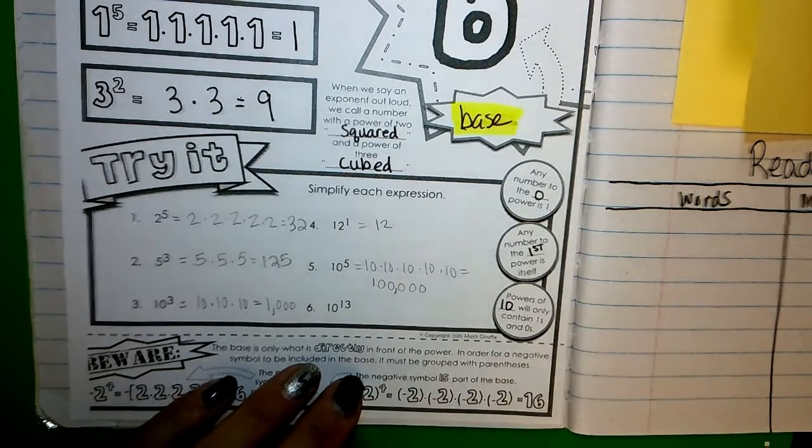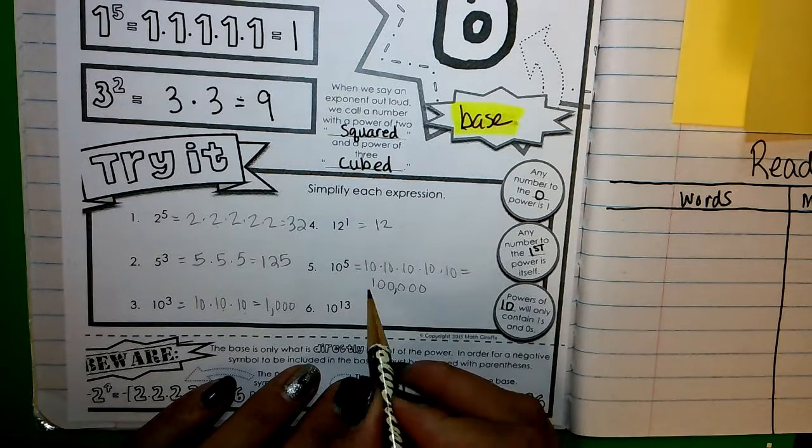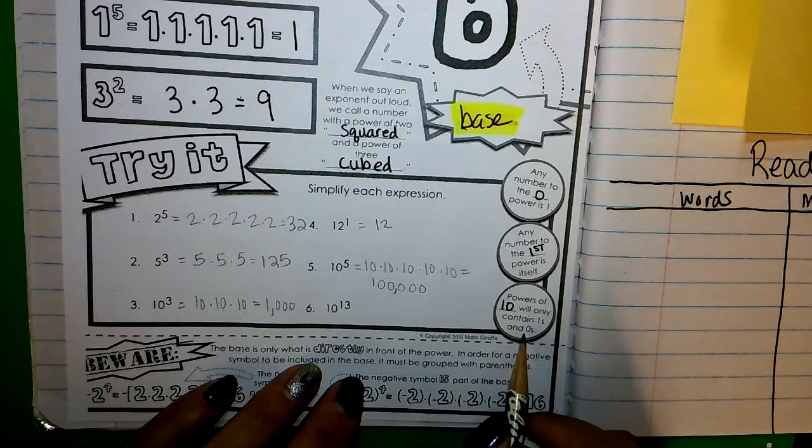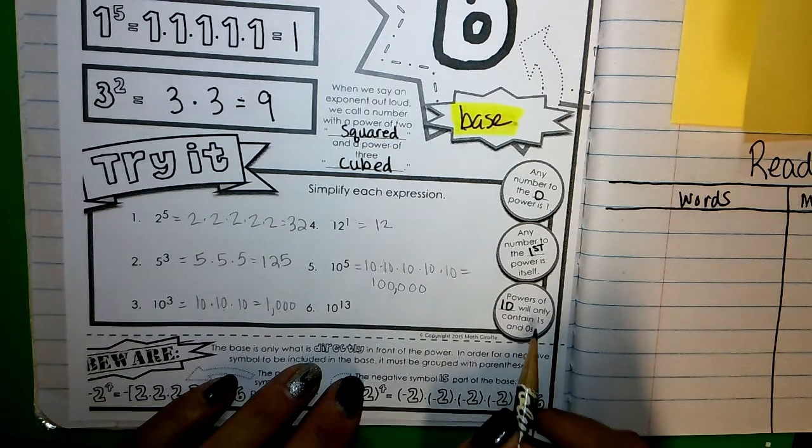I've got two different periods there, the hundreds and the thousands. 10 to the power of 5 is 100,000.